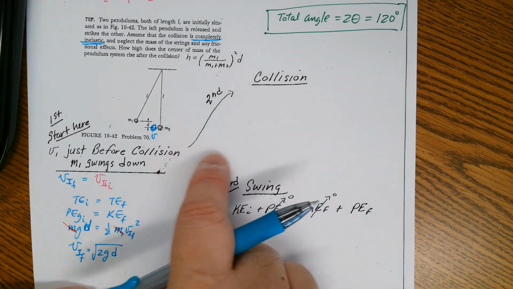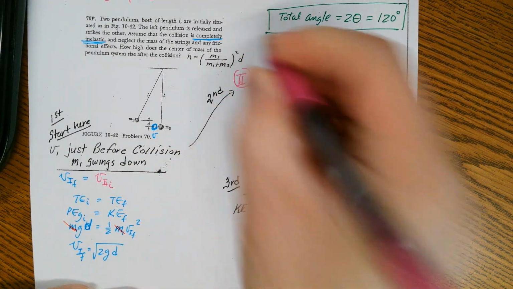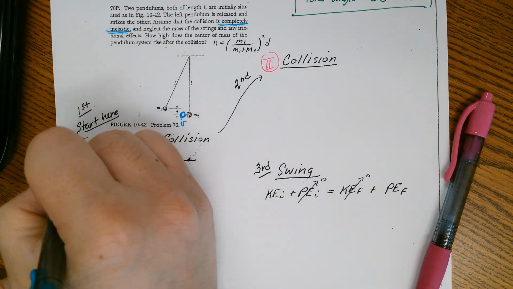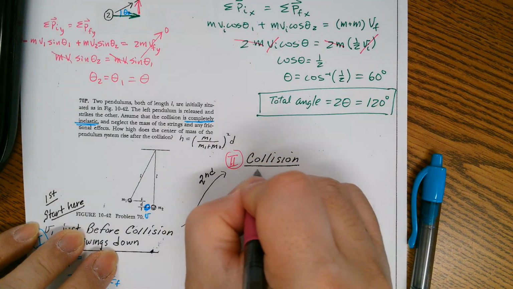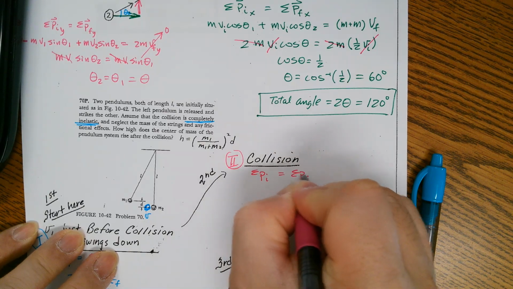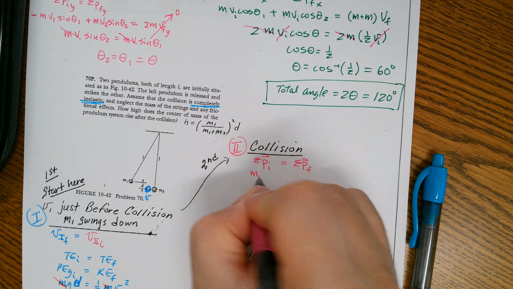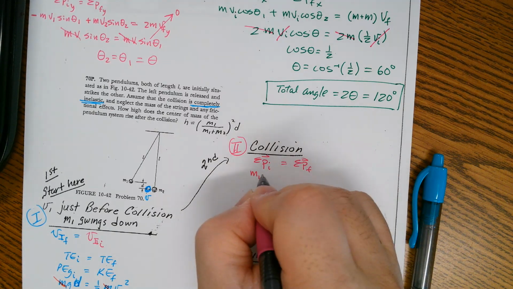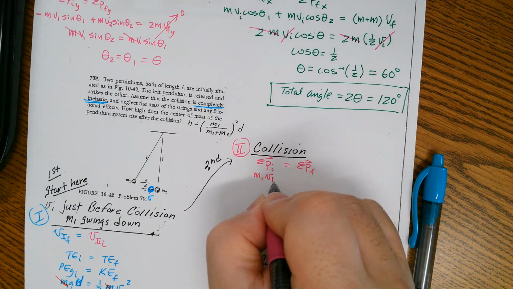Now I go to phase 2. So this is phase 1. Phase 2: the sum of all momentum initial must equal the sum of all momentum final. Initially I only have m1 moving at v1 initial.